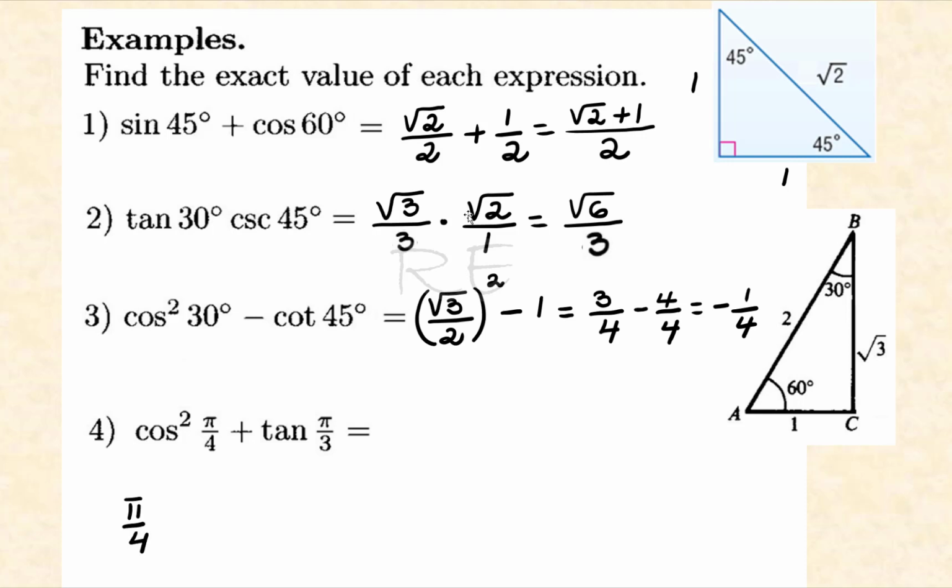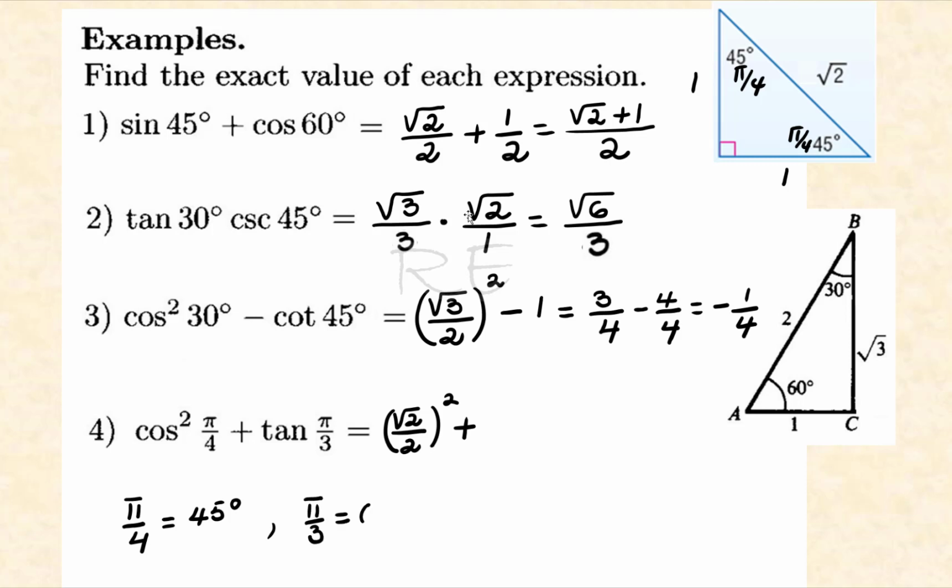Pi over 4 is 45 degrees. So it's the 45, 45, 90. Pi over 4, pi over 4, pi over 2. So cosine squared pi over 4 will be square root of 2 over 2 squared plus tangent pi over 3.